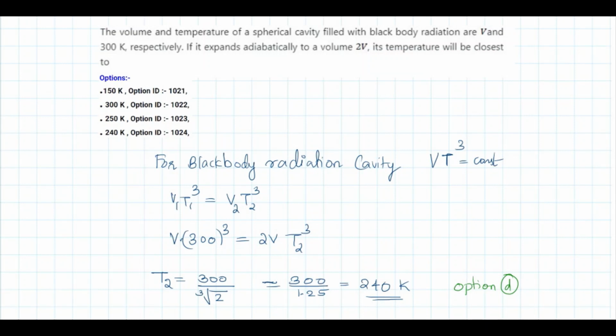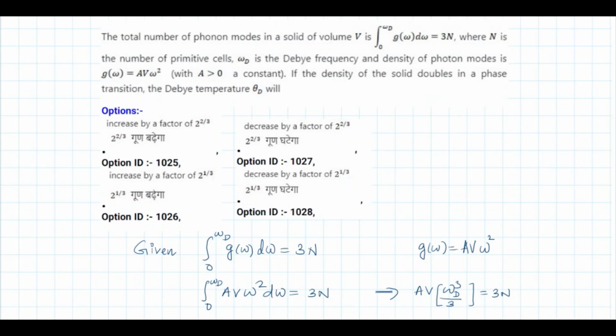So T2 is equal to 300 divided by cube root of 2. Cube root of 2 is 1.25. So 300 by 1.25 is approximately 240 Kelvin. So this is a straightforward question if you know this relation. For an ideal Bose gas, not an ideal gas, V T cube is constant.